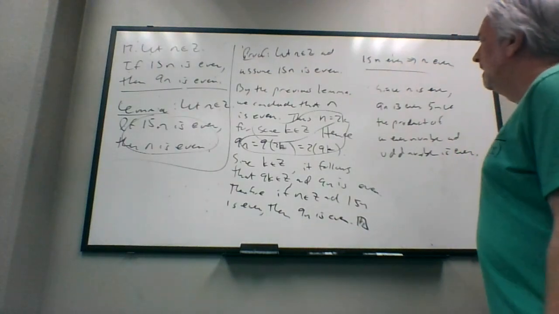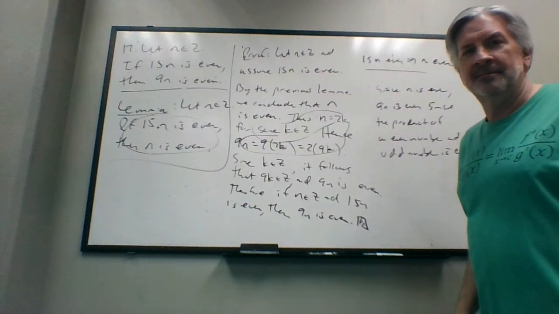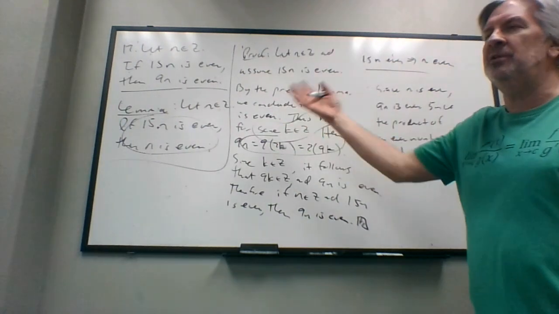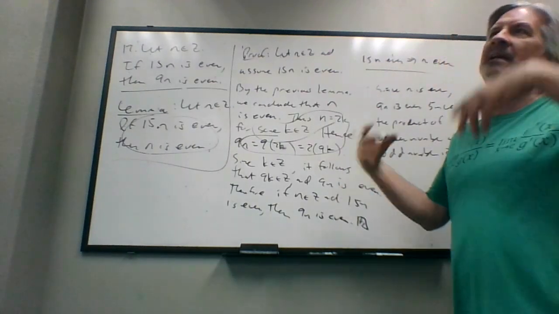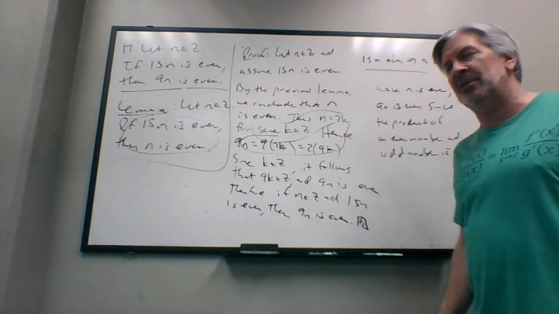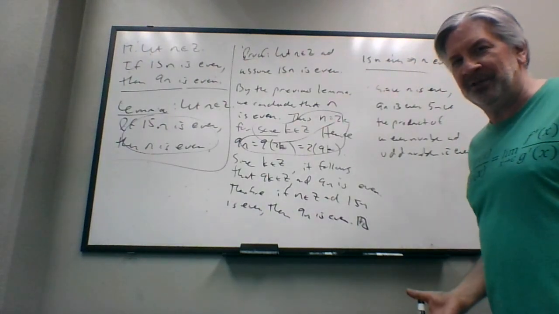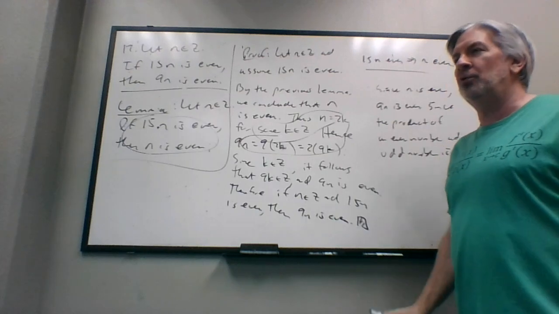Again, I mentioned the other day, don't use equivalent level results in your proofs. I mean, everything here, you could figure out: the product of two evens is even, an even times an odd is even, and an odd times an odd is odd. But I don't want you to use that in the proofs because we're practicing using the definition of even and odd. So I want you to actually work it out. Don't use equivalent level results.